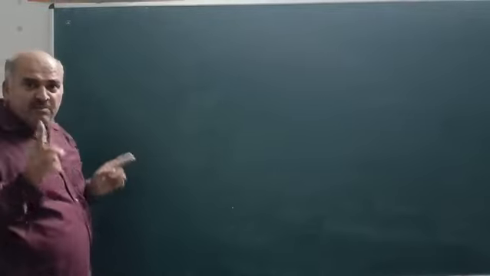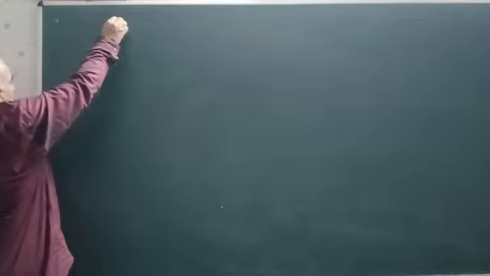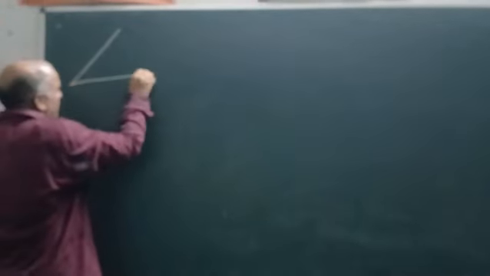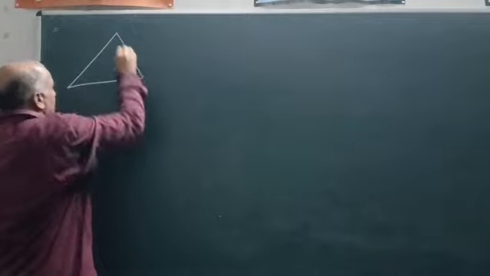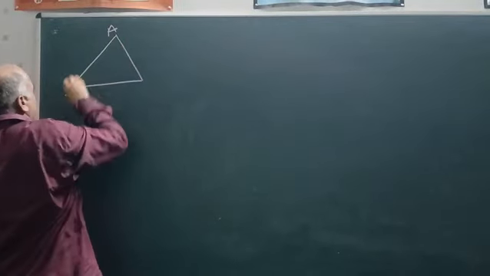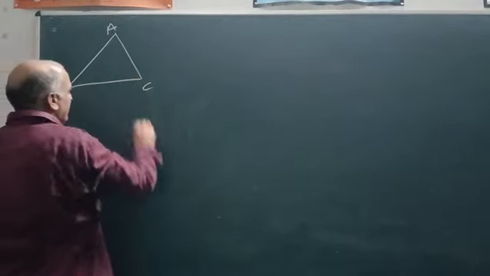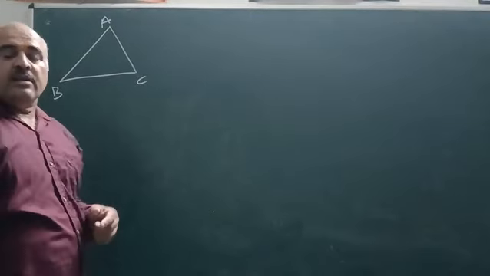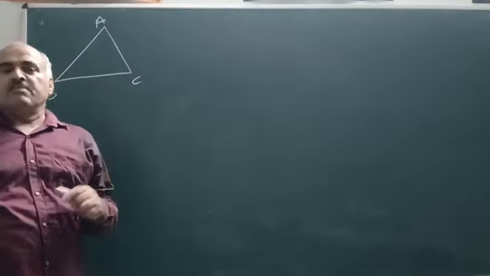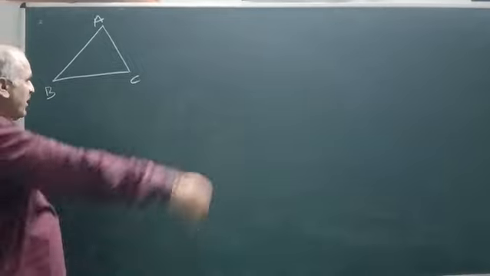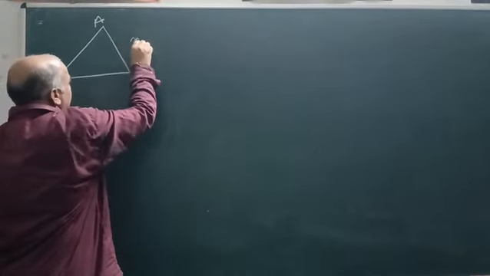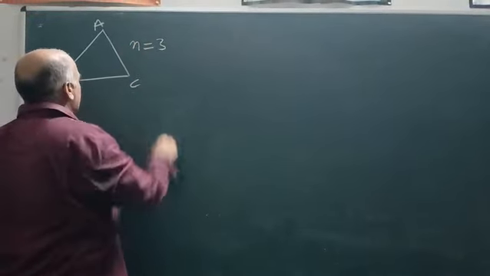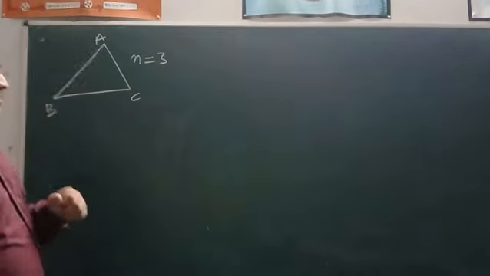As you know, the polygon with the minimum number of sides is a triangle. Let me label it as A, B, C. And let us represent the number of sides in the polygon with the letter n. For a triangle, n is equal to 3, as it is here from the figure.